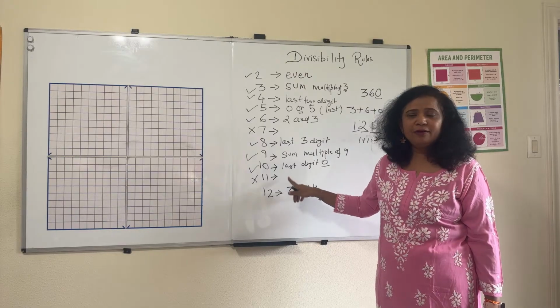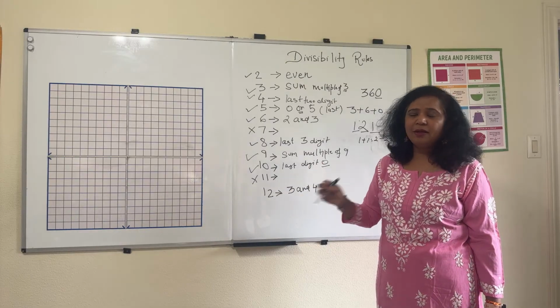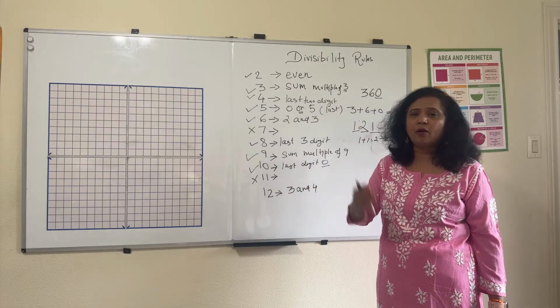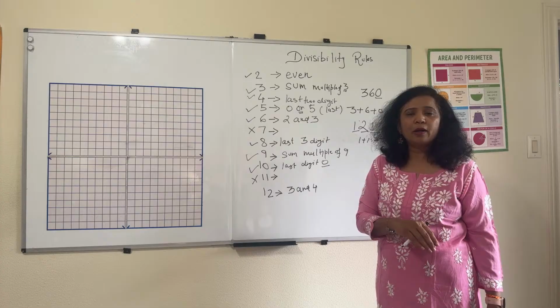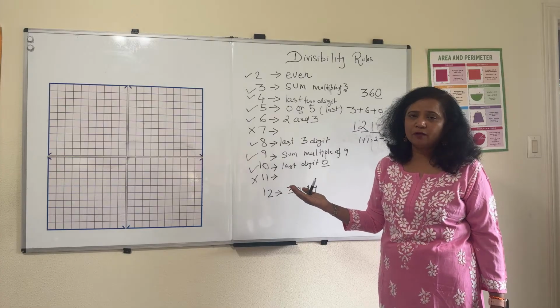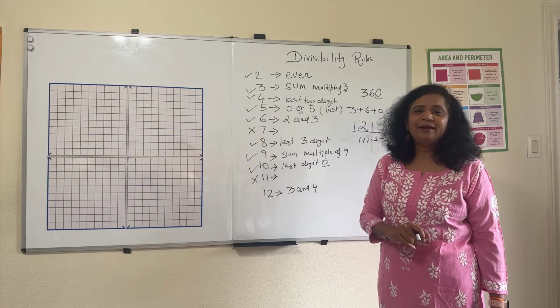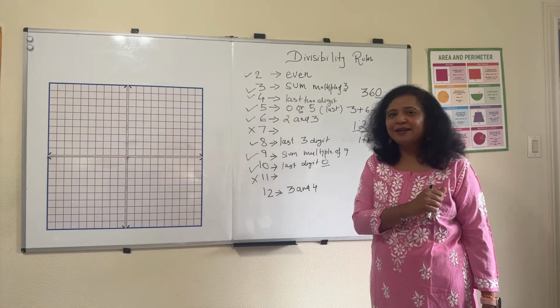And for 11, take alternate numbers, the even alternate numbers and odd alternate numbers, and subtract them. If the result is a multiple of 11 or 0, then it is divisible by 11. So that's all for today's divisibility rules.